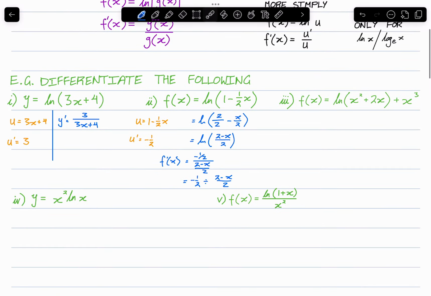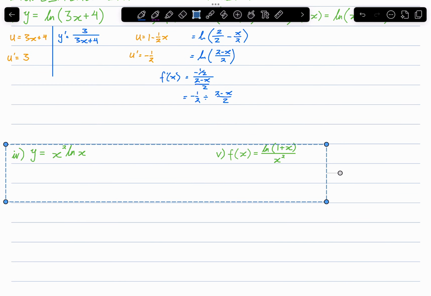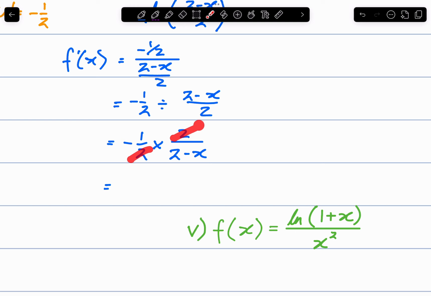Gonna need some more room here. Which is negative half times 2 over 2 minus x. This 2 and this 2 cancel out, leaving us with negative 1 over 2 minus x, because we were multiplying this denominator with this one.